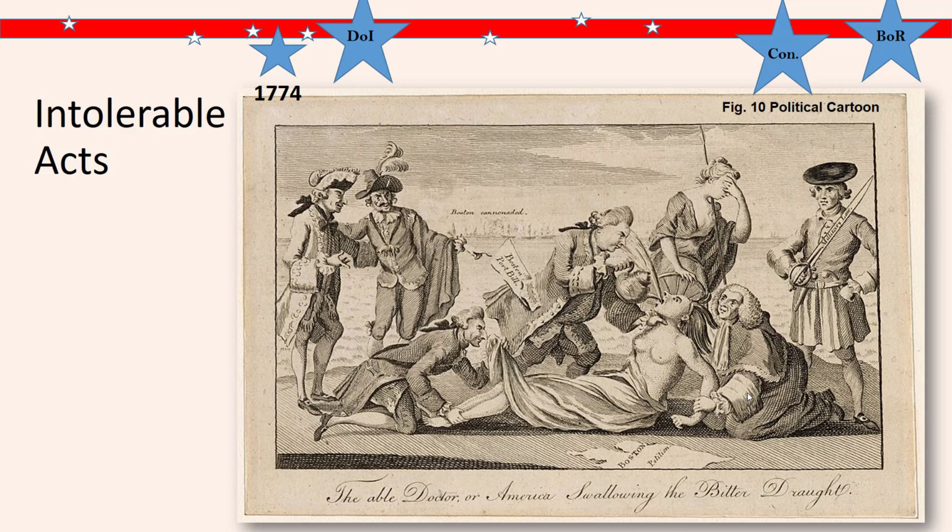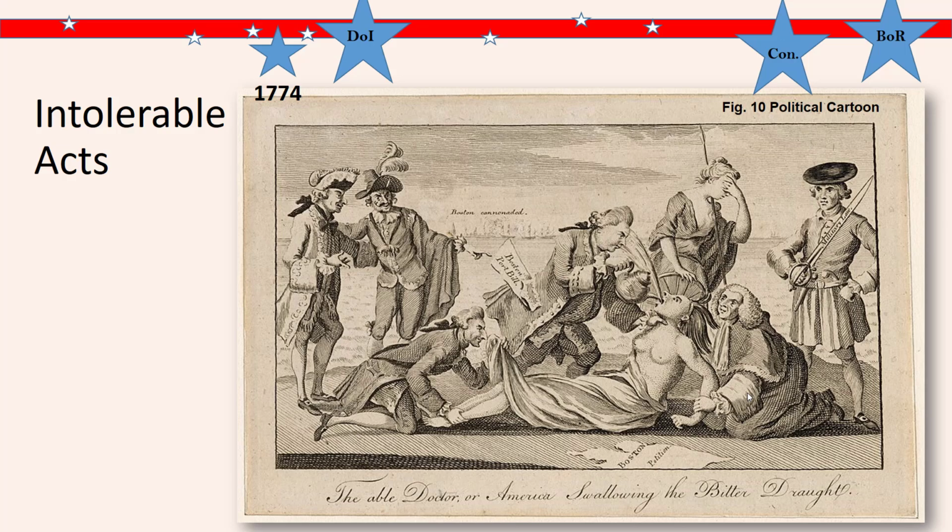If colonists had grievances, that was another act that was passed. It would not be taken to a local court, but taken to the United Kingdom. So that's where it would take place if you had a grievance with a local official.